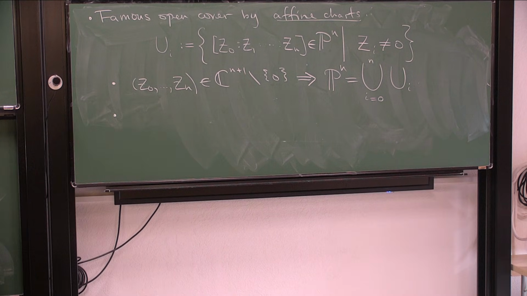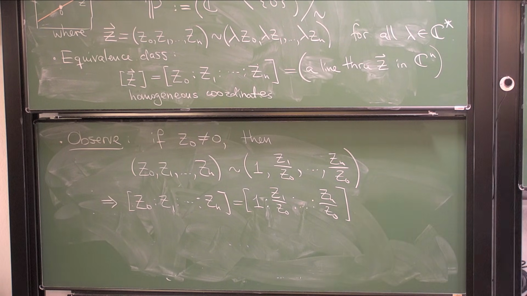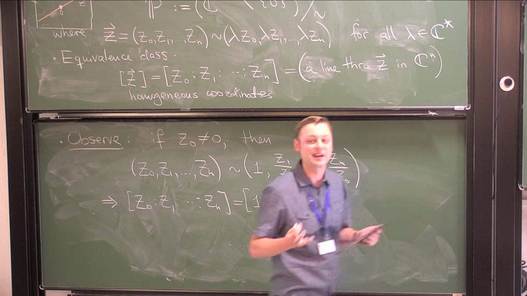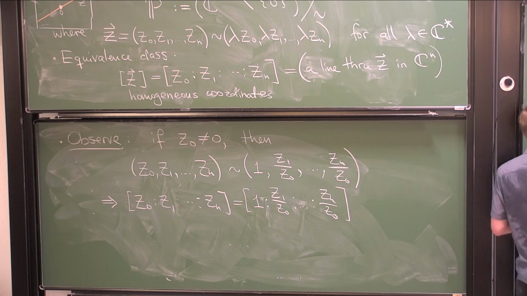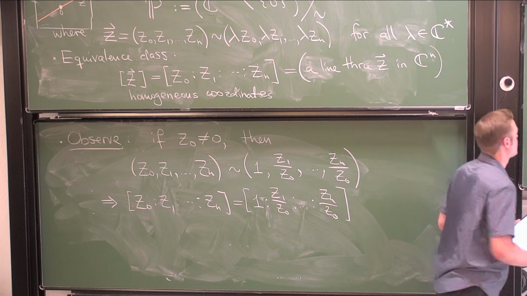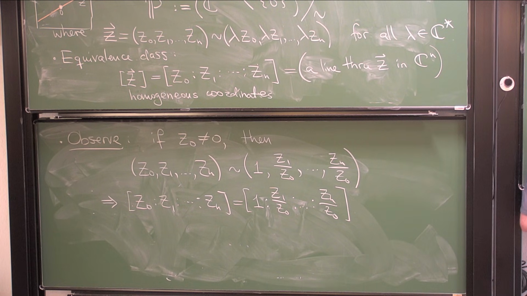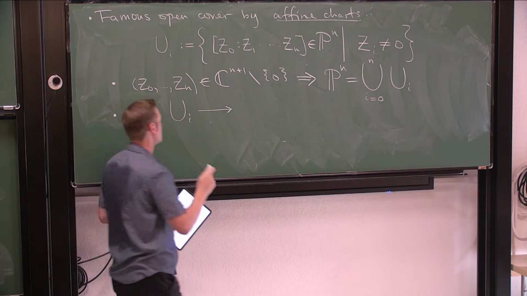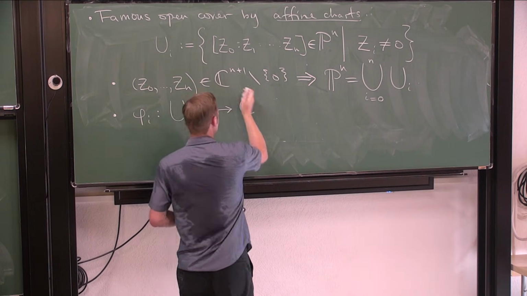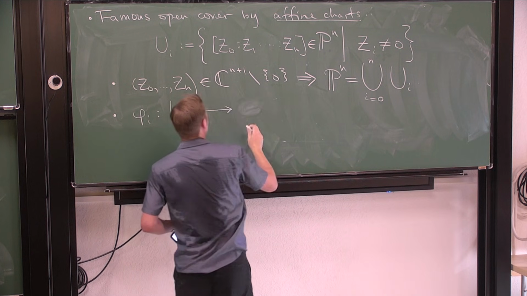Okay, so now I have a covering by open sets of P^n. This is beginning to sound like an atlas, so let's make it so. My complex chart needs to be a homeomorphism from one of these open sets U_i to a subset of C^n.